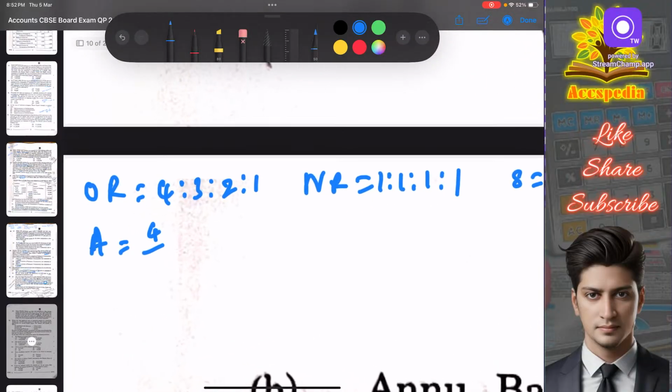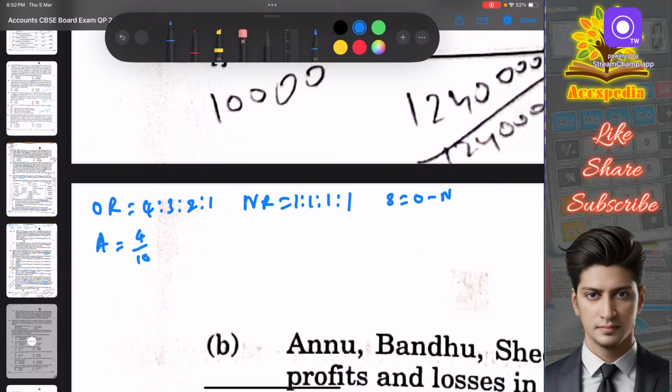So that means 4/10 minus 1/4. LCM is 20. So 4/10 into 2 is 8, 1/4 into 5 is 5. So 8 minus 5, so 3/20.